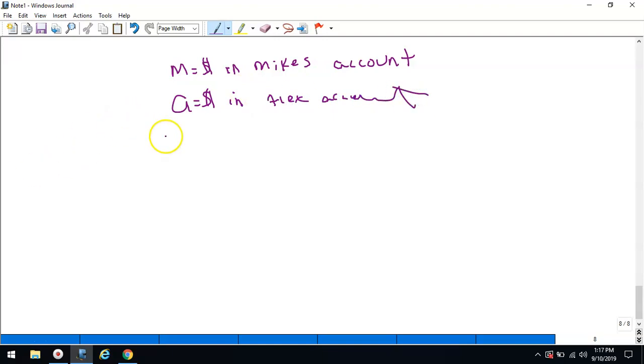I want to go faster. It says together they have $1,200. So if we add up the money in their accounts, we have $1,200. Then it says that Mike has $300 less than 4 times what Alex has. So Mike has 4 times what Alex has minus $300.